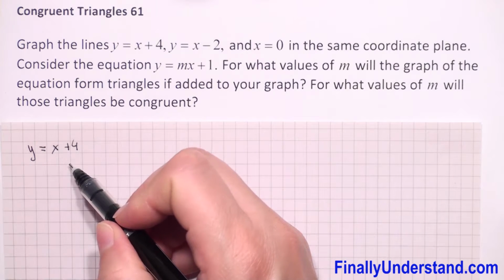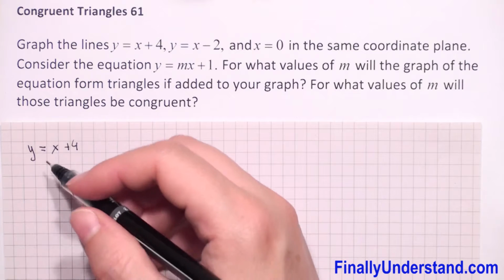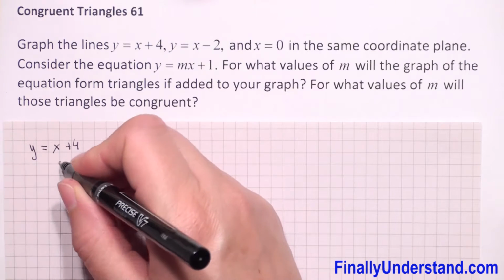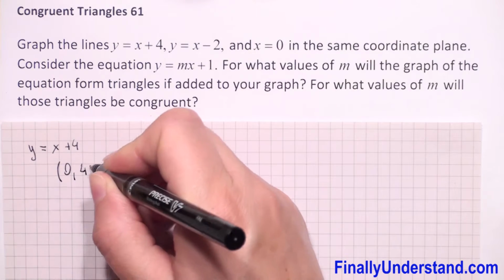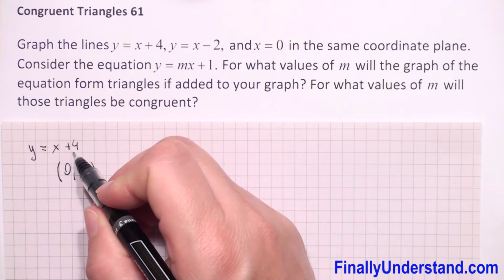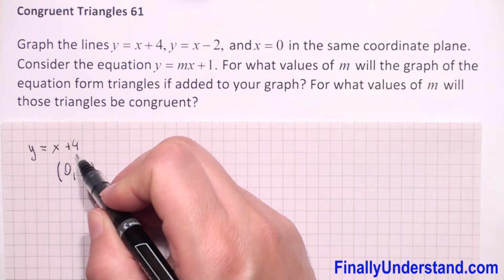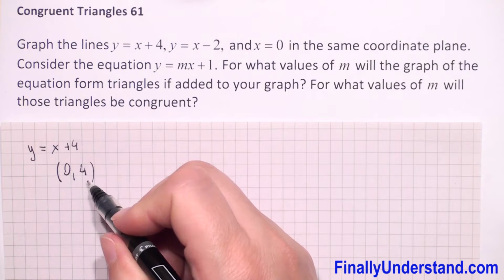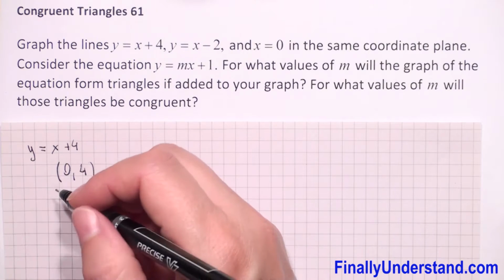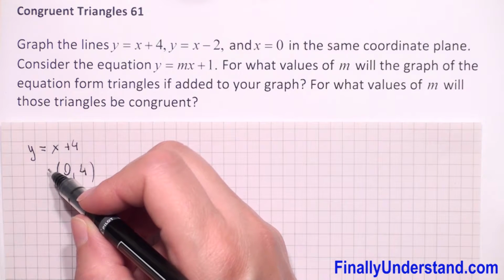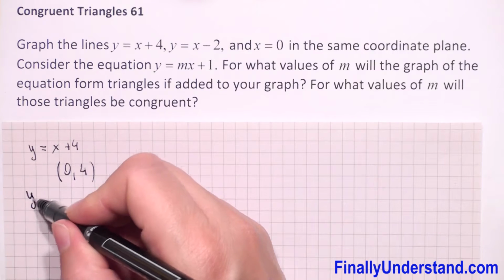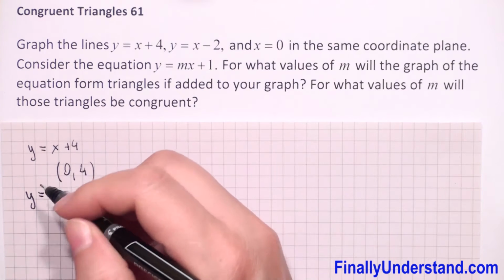From this equation, the y intersection point will be (0, 4). Always the expression without x tells us about the y intersection. Now to find the x intersection, we put y equal to 0.